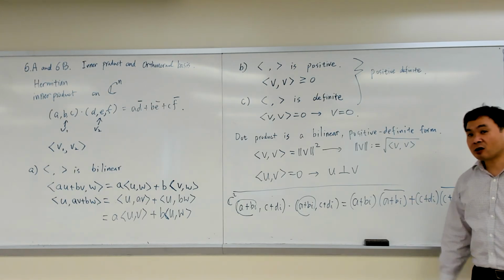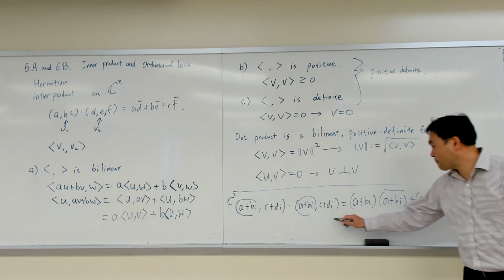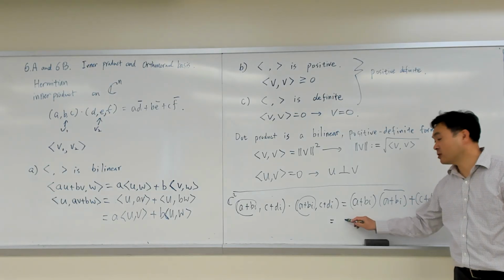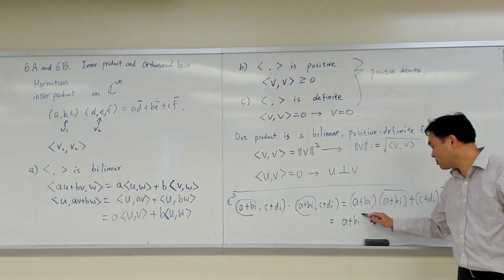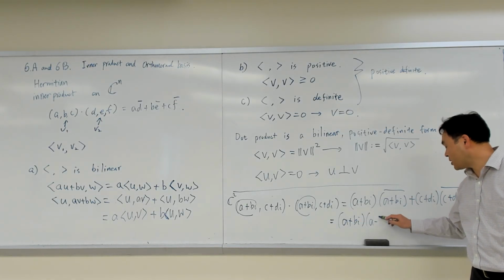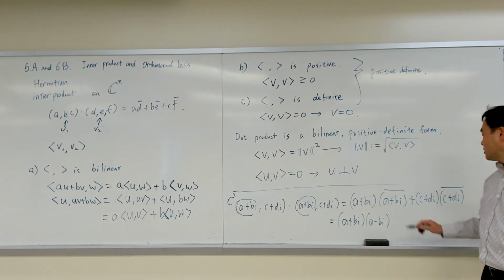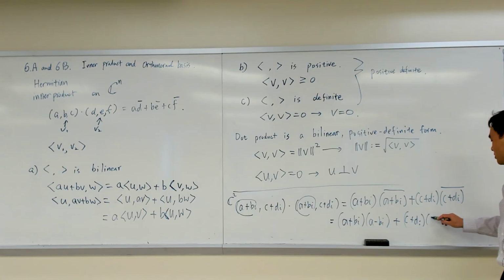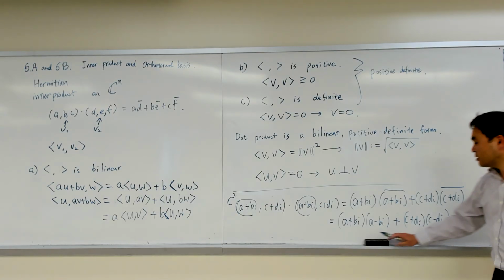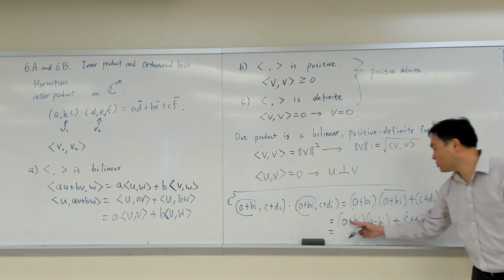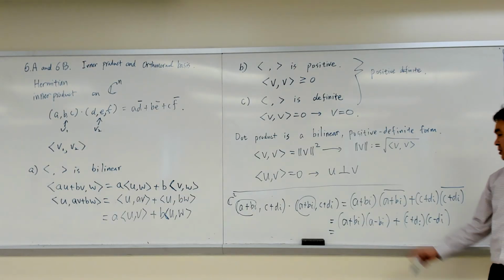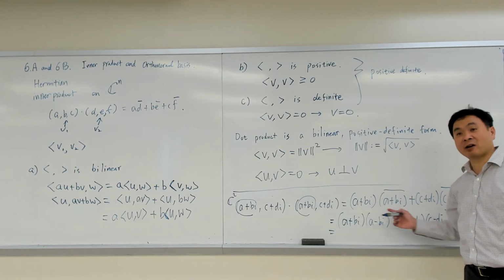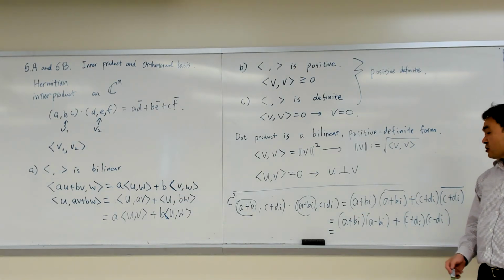But what is the complex conjugate of A plus bi? This is A minus bi, right? So it's A plus bi times A minus bi, and then plus C plus di times C minus di. What does this give you if you FOIL them out? It's a difference of two squares.